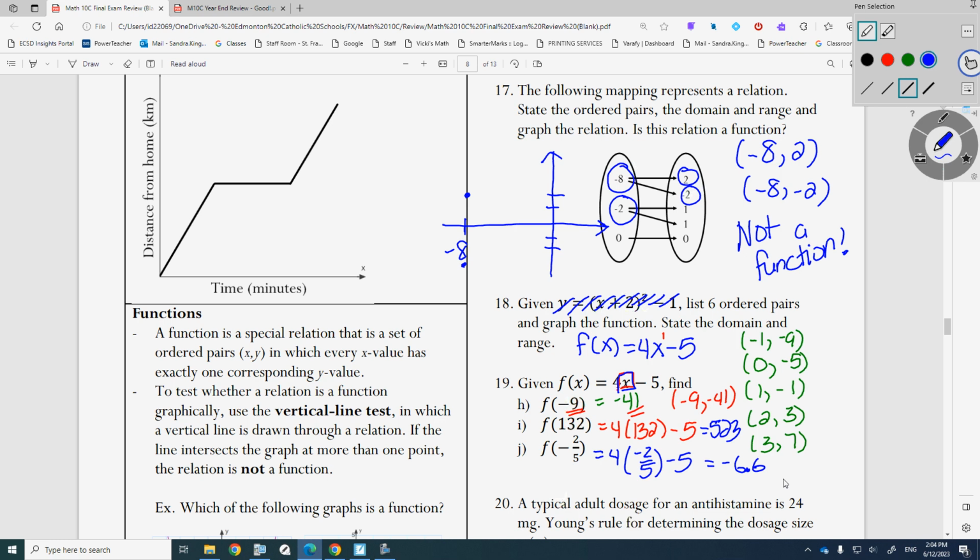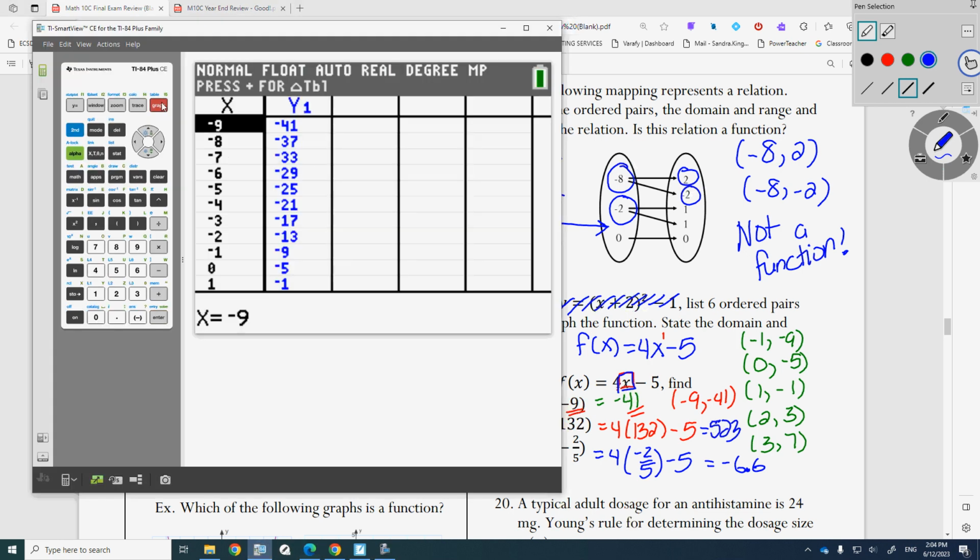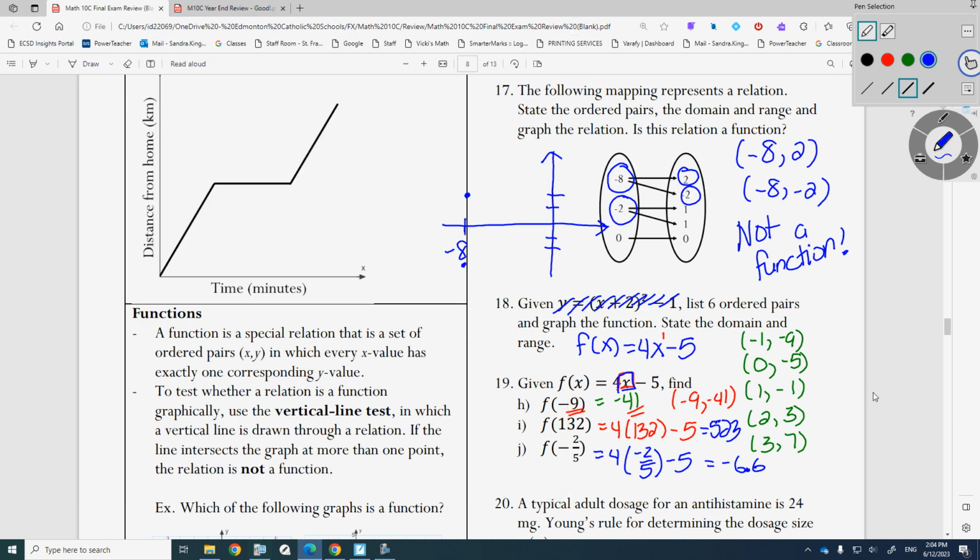Okay, let me review how we would find an x, given a y value. I'm just going to pick a number from here. Write down this: f of x is equal to negative 25.